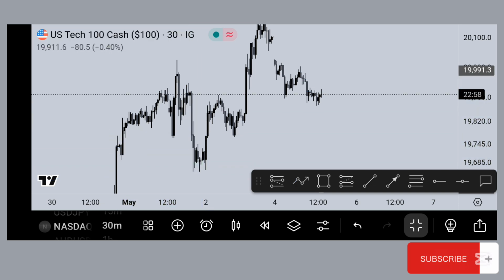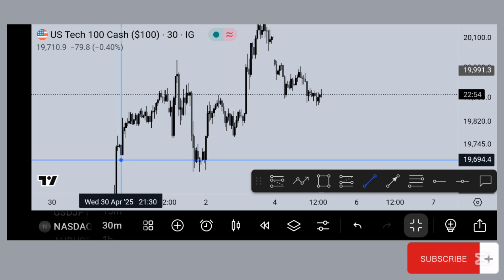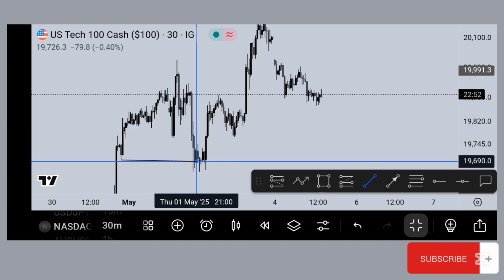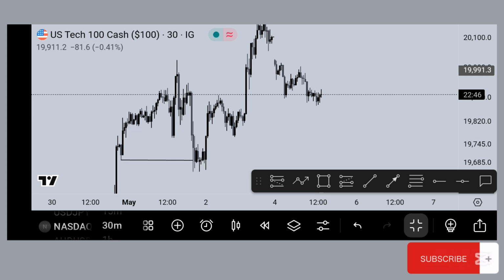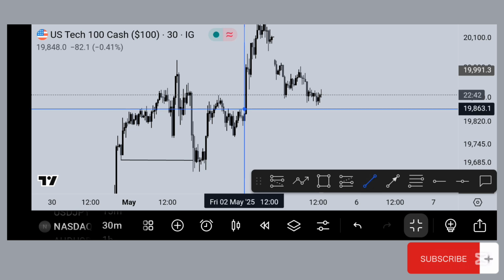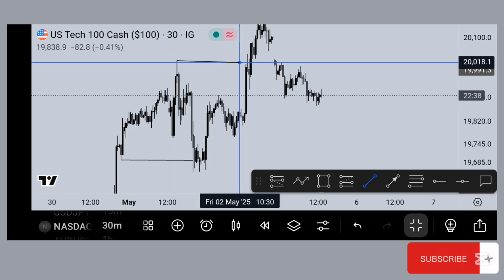Seeing this, I already know this liquidity sweep here is signifying this low is a protected one, right? Then what we have next is a bullish break of structure to the upside.